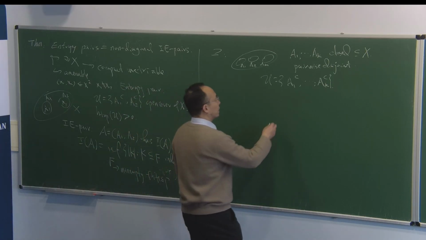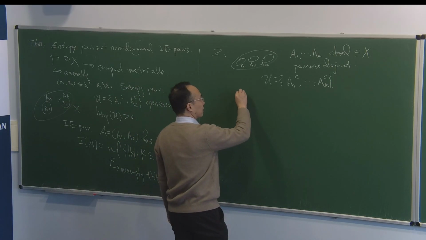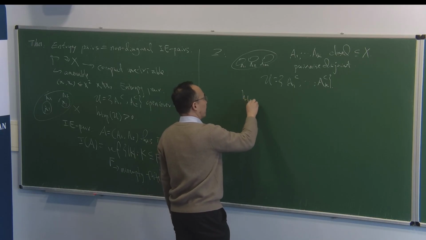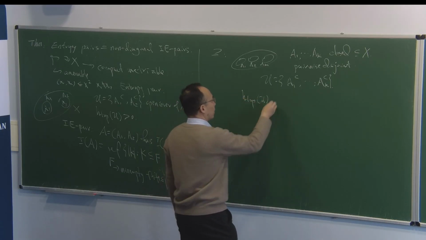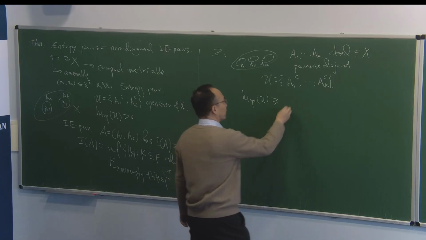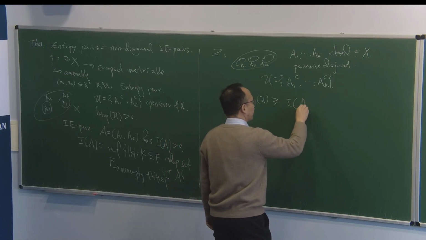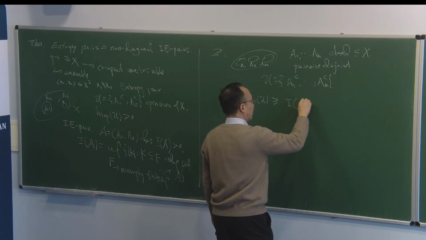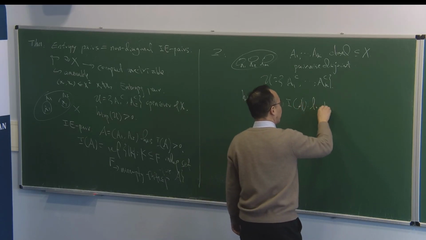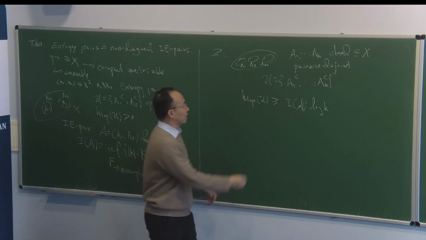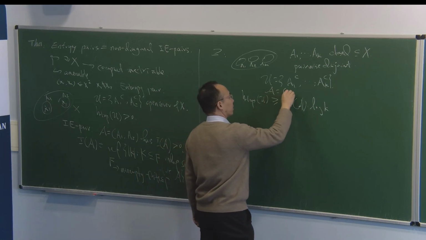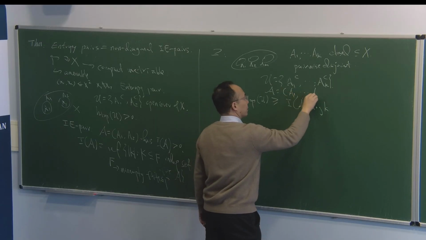And then what we can say is that the entropy of it will be at least the independence density times the logarithm of k. Okay, so here A is this type of sets.